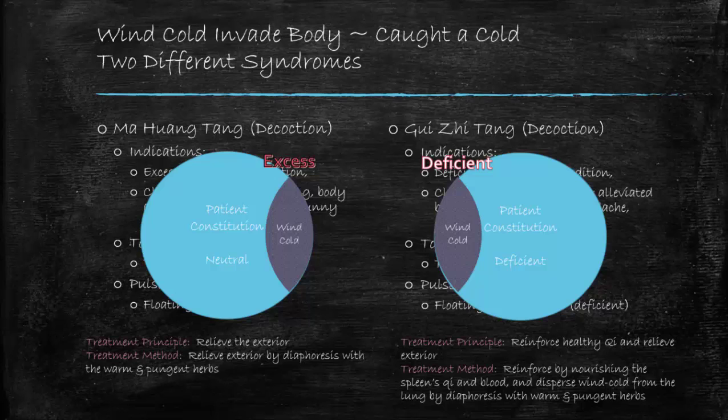The key idea I want you to get out of this is that even though it may be the same pathogenic factor, when you put it into different body constitutions, it actually creates different syndromes. With that in mind, the body constitution can be quite complex once you get into a clinical bedside scenario, when you're seeing a wide range of patients.